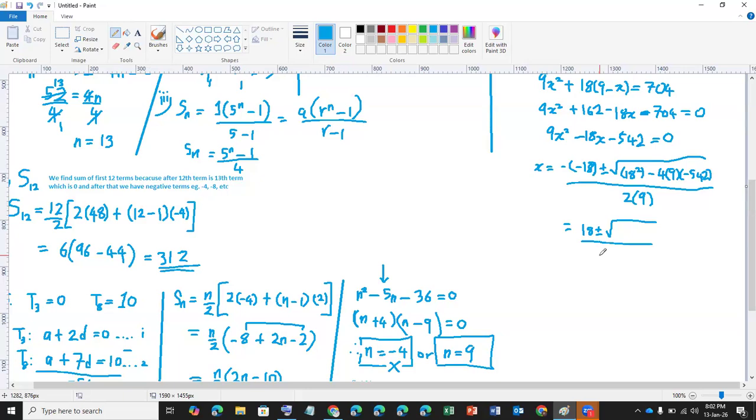Okay, wait, wait, wait. That's looking strange. Let's see. If you did only what is under the square root sign, what would you have got? 18 squared, that's this bit. 18 squared minus 4 times 9 times minus 540, which is as good as 18 squared plus. What would you get?